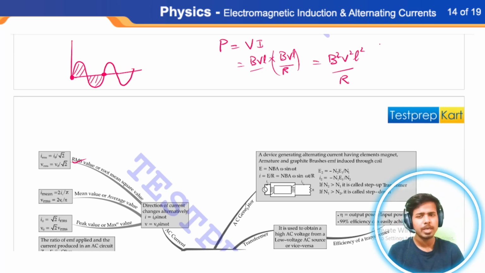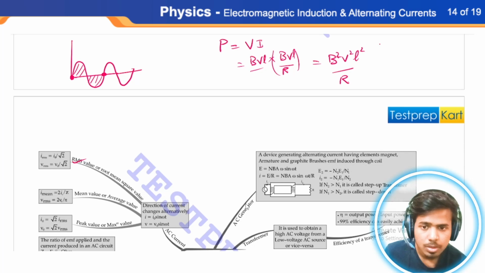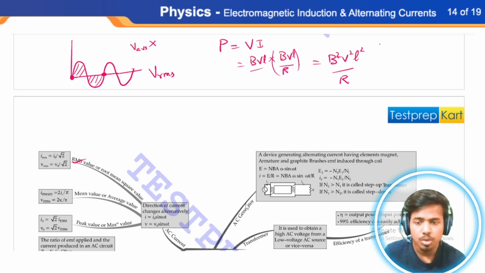But over the time, do you think it has no effect? It does have effect, right? That is why we do not take average, we rather take root mean square, VRMS. Root mean square is simply, you're adding the individual terms, right? But in this, what we add is actually the square term.